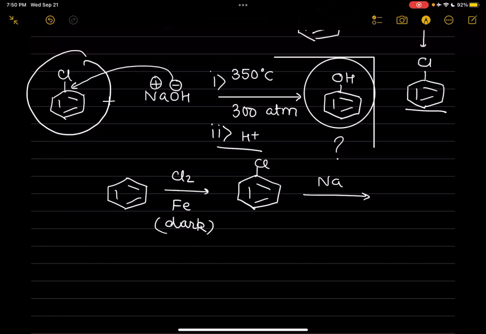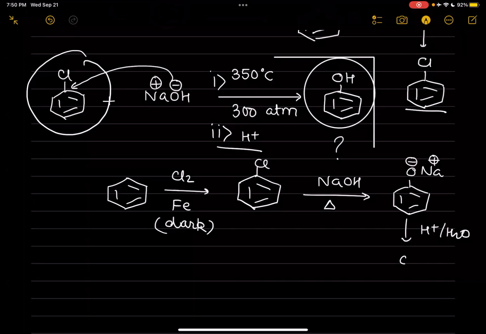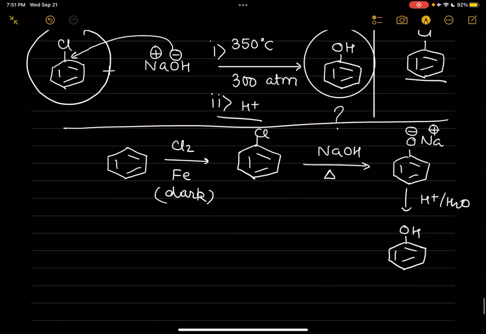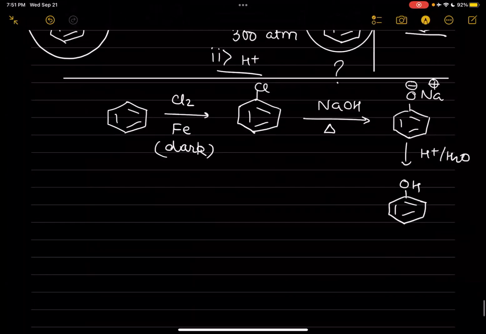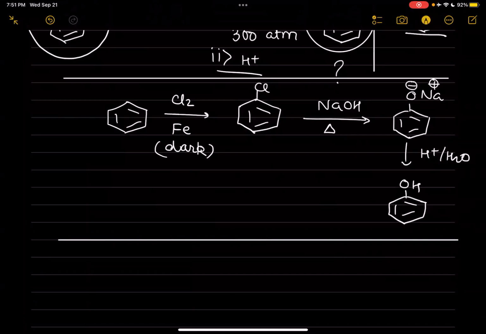Then you react it with NaOH, heat and pressure. So you end up with O minus Na plus. The last step is acidification. This is how we got the final product.